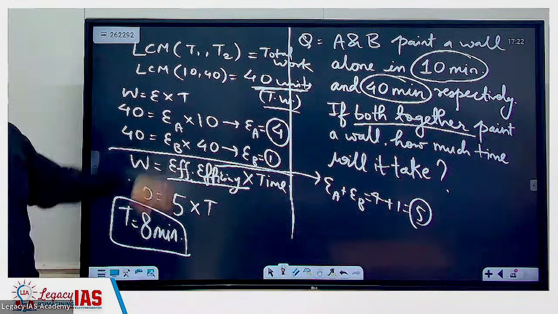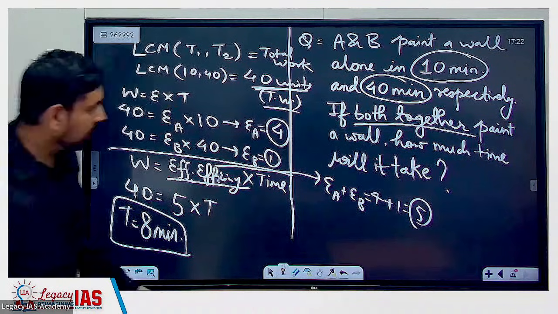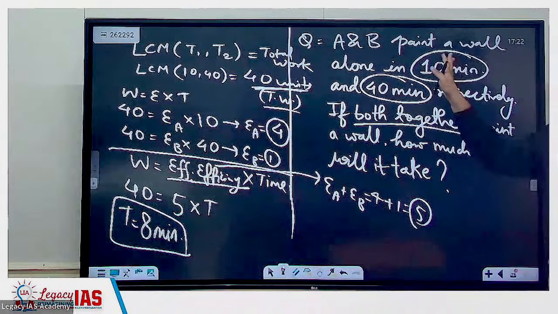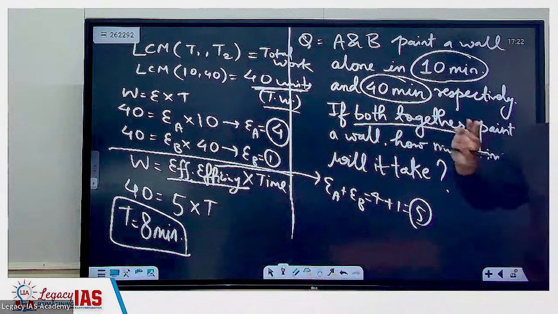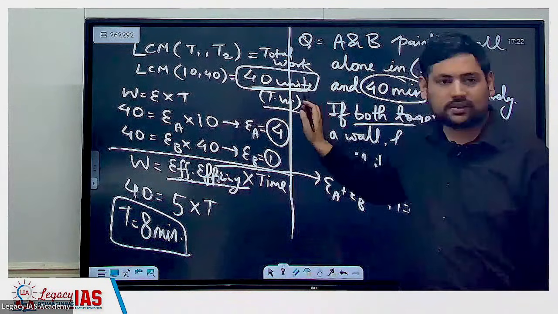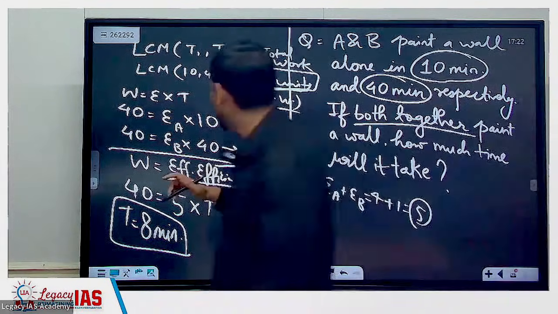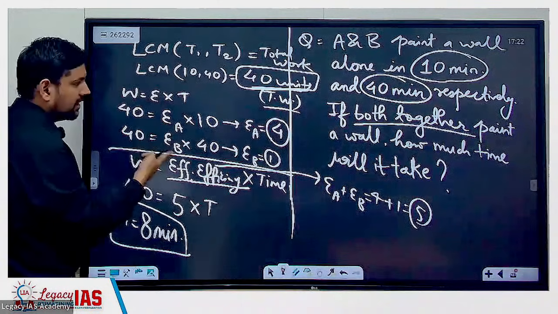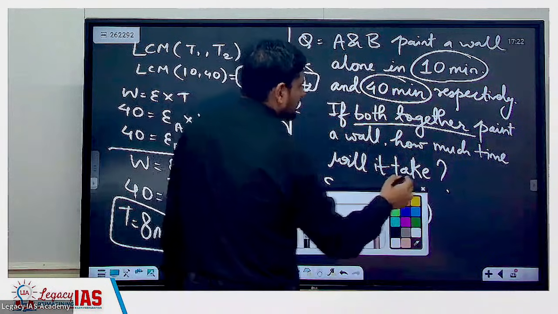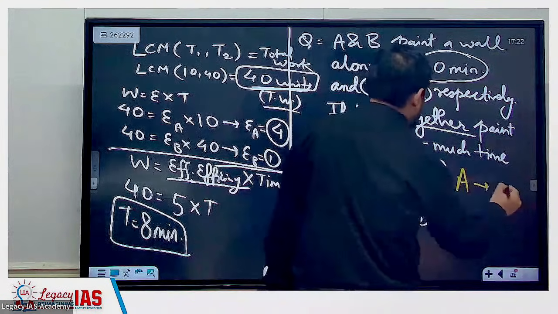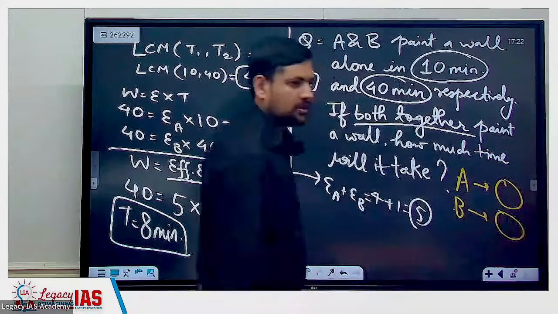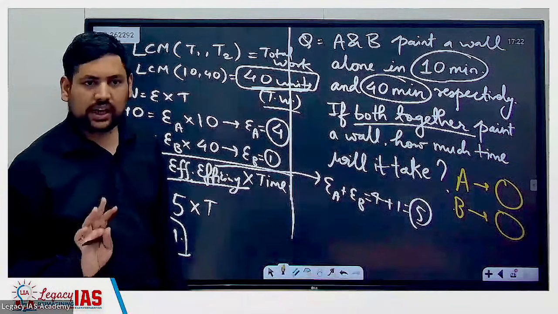Now, you won't be writing like this always. So what you do, you just don't write this. Basically, this 10, 40, all this you don't write. Directly, you get to this. That is, total work units you find out. And then we don't use this EA, EB. We simply write A dash, the efficiency of A, B dash, efficiency of B. That is the only thing you write on paper.